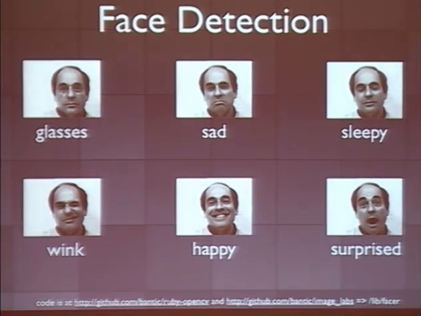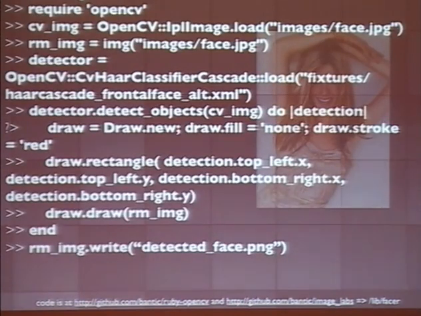And okay, so here's how you use the code to actually do this in Ruby. So you need to include this OpenCV gem, and then that first line is just going to open up an image using OpenCV. You're going to load it up, and the second line, RM image, is our RMagick image, and that's just there so we can draw on it afterwards.